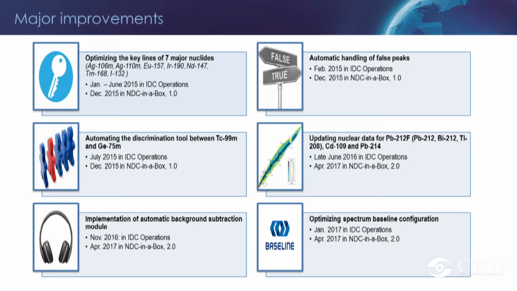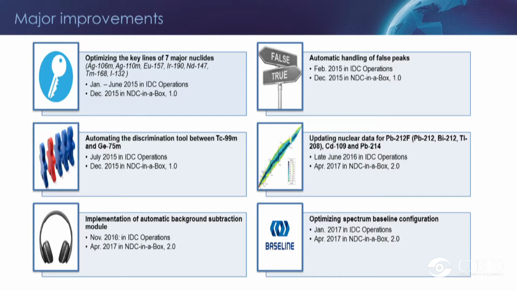The first one was to optimize the key lines of 7 major radionuclides. Then the second item; the chronology is from left to right. Then we automated the handling of false peaks. Then we implemented an automated module for discriminating between technetium-99m and germanium-75m.